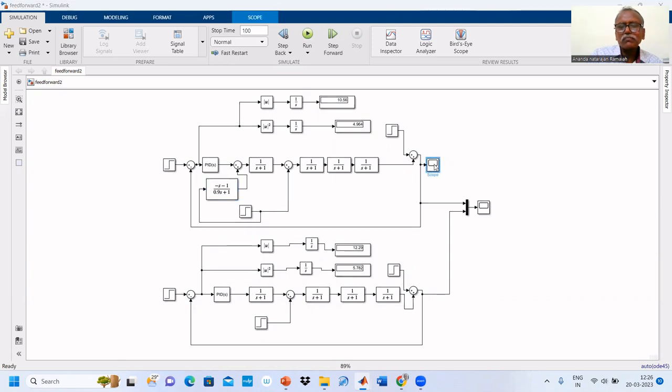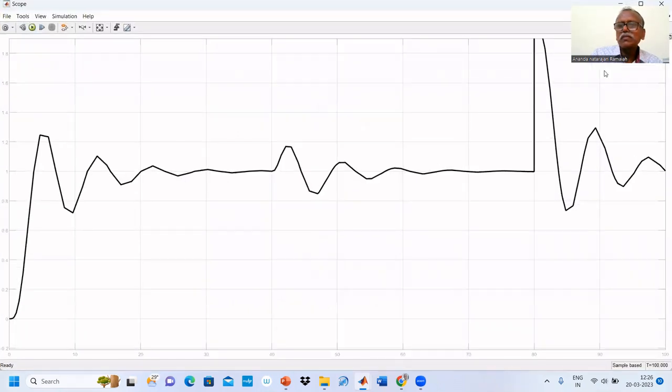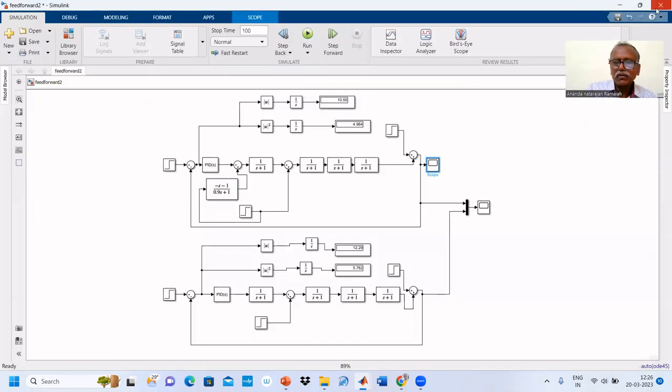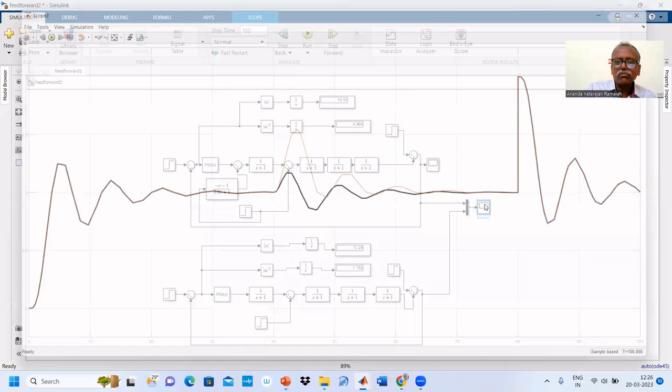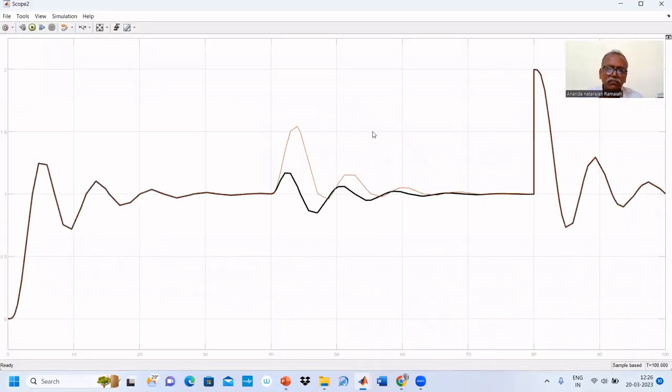We see this with the feed forward. Now let us see both. You see that with the feed forward gives better dynamics than feedback only for the disturbance for which the feed forward controller is designed. Other responses same.